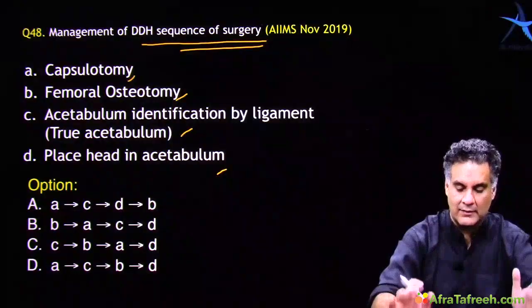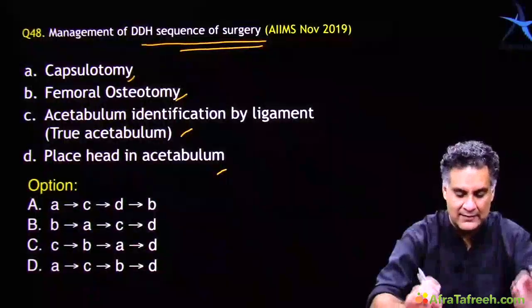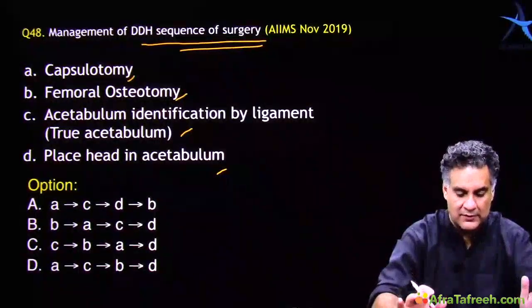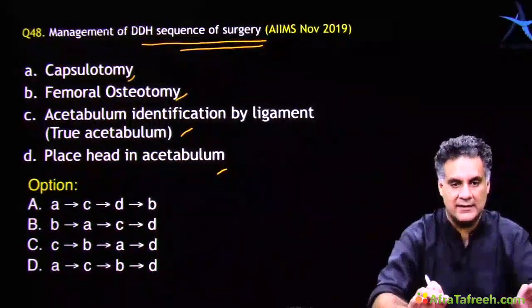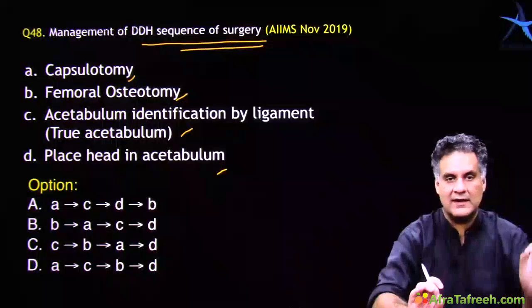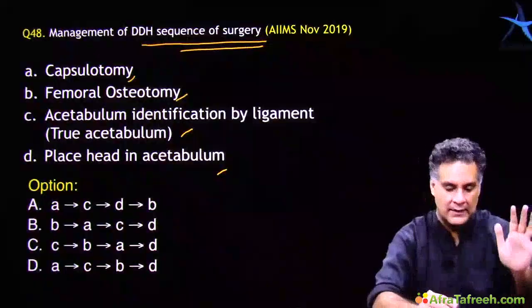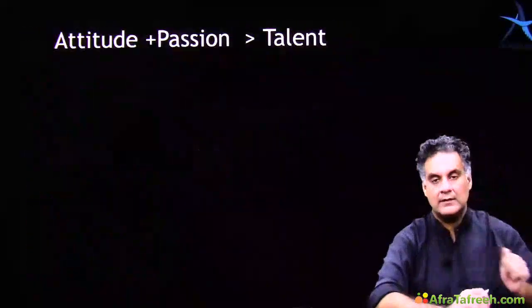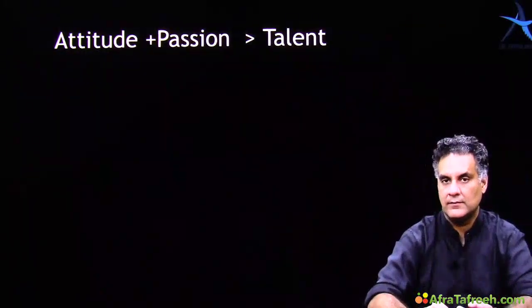Once I know where the acetabulum is, I will correct the femur and place it inside. So first is capsulotomy A, then C, then B, then D. So the answer is D.